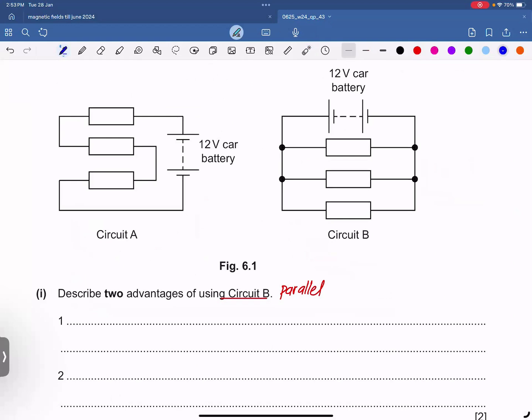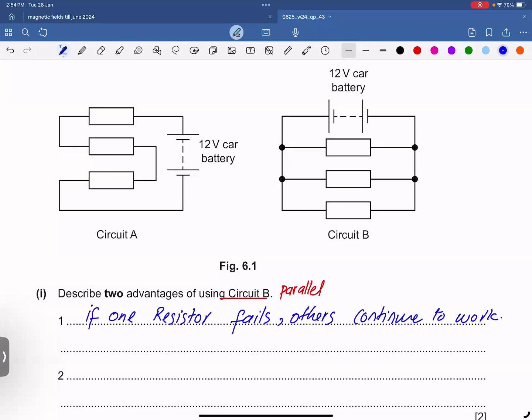Let's write them. One of them is, if one resistor fails or breaks, the others continue to work because it's parallel. The path is not broken.